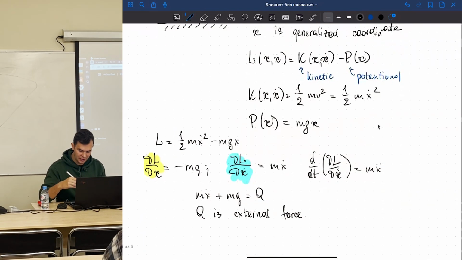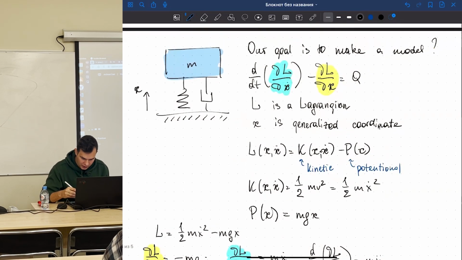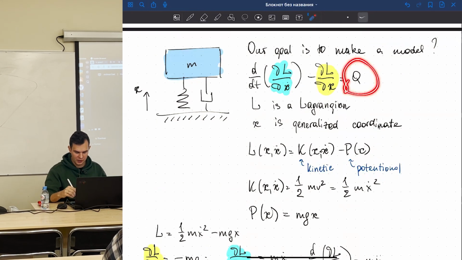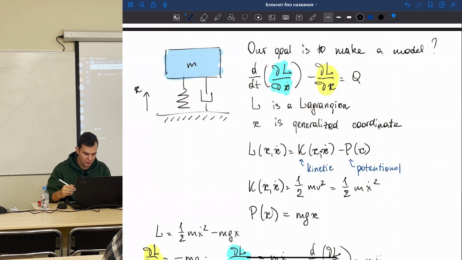Because the left part, that one, is all about inherent forces inside, so it's something which is inside, and the right part is something which is external. What will be the external force here?